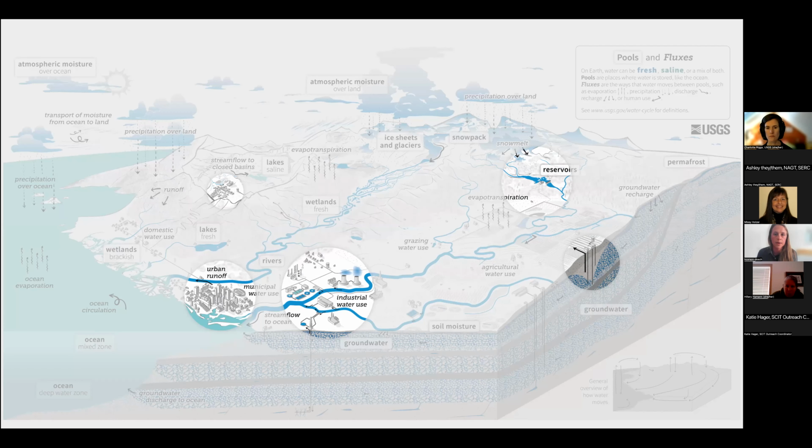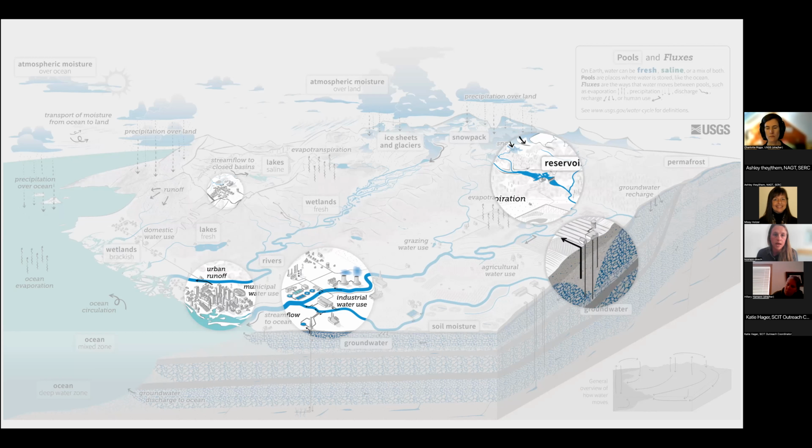We show how we impact the timing of water movement, for example, by storing and later releasing water from reservoirs. We show how we change the amount of water in different pools, for example, by withdrawing surface water or pumping groundwater, and how that use can cause depletion.